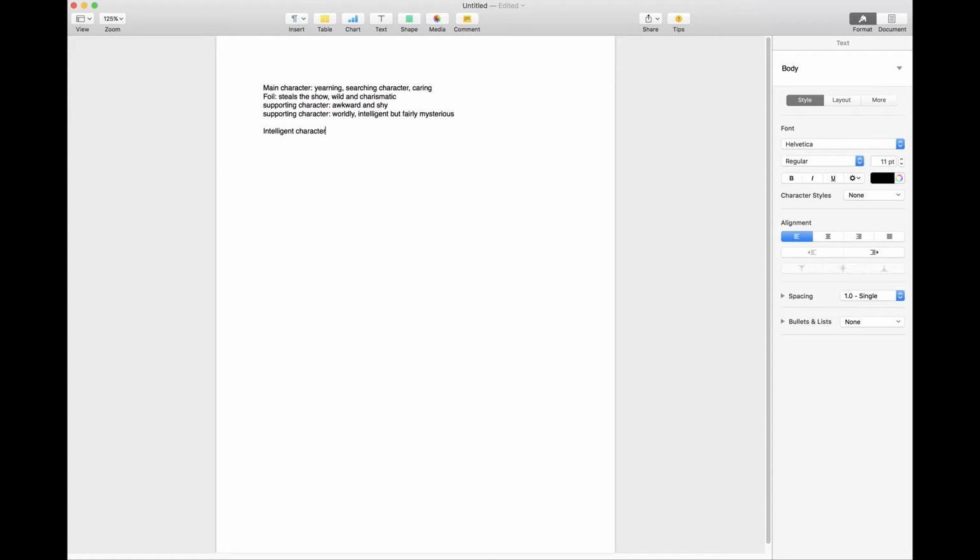For the intelligent character, first we need, of course, a name. I think a good name for this one would be Xorb. Yeah, Xorb. And then he needs an occupation. I'm going to say mortician. So in order to create a good character, you need an occupation, a quirky personality trait, as well as a catchphrase.